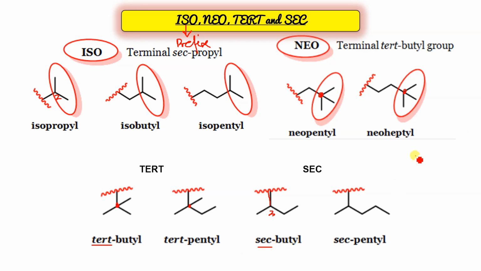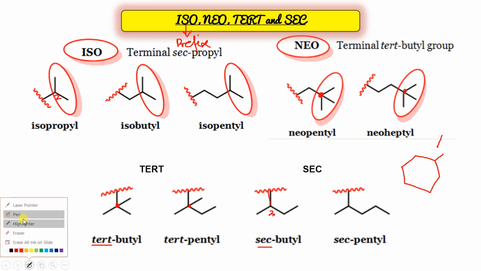Suppose I am saying this is the ring structure, so what is the name for this? Cyclohexane, isn't it? And if I am adding over here, it's mistaken over here. Let me draw again.